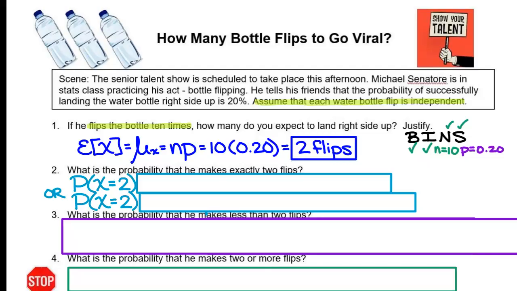But we want to know the probability that he makes 2 flips and doesn't land 8 of them. So what do I need to do with the probabilities? Multiply them together. And how do I take into account that we want him to make exactly 2 and miss exactly 8? Those would be exponents, yes.